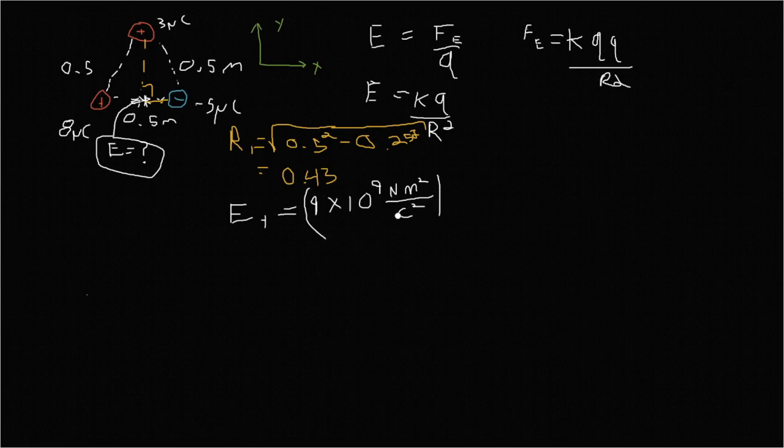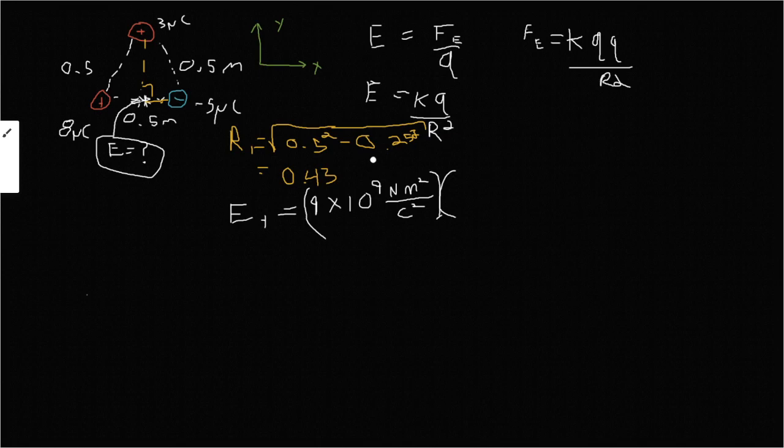This is the electric constant K. Then we multiply it by Q, and because we're doing the y direction and these are equidistant, they are not affecting the y value in any way. At this point, as soon as it moves down, due to the electric force, they will affect it, but at this moment in time, they are not affecting the y direction.